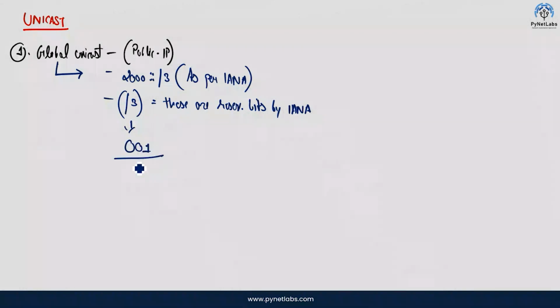Now let me give you an example so that you will easily be able to understand the other IP addresses. Say there is an IP address given by IANA and the range given is 2000 double colon /3. Double colon means continuous 8 times zeros, so forget about the zeros.